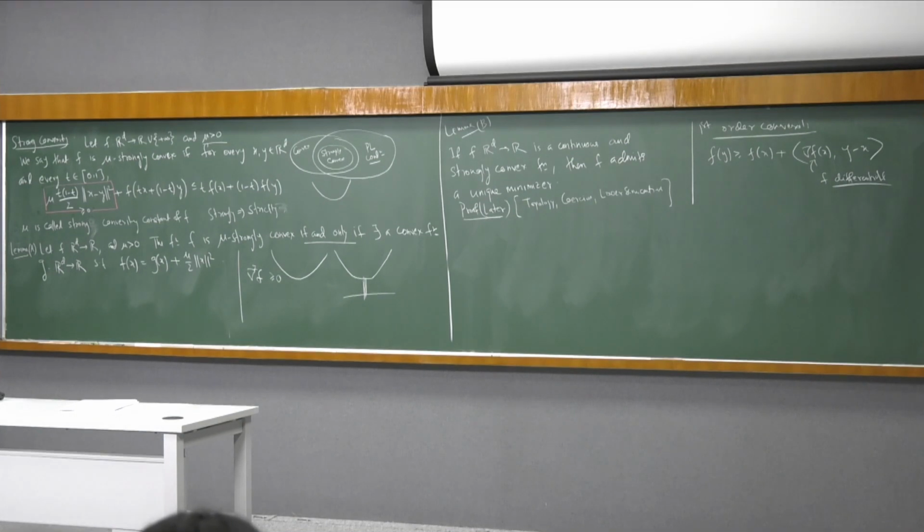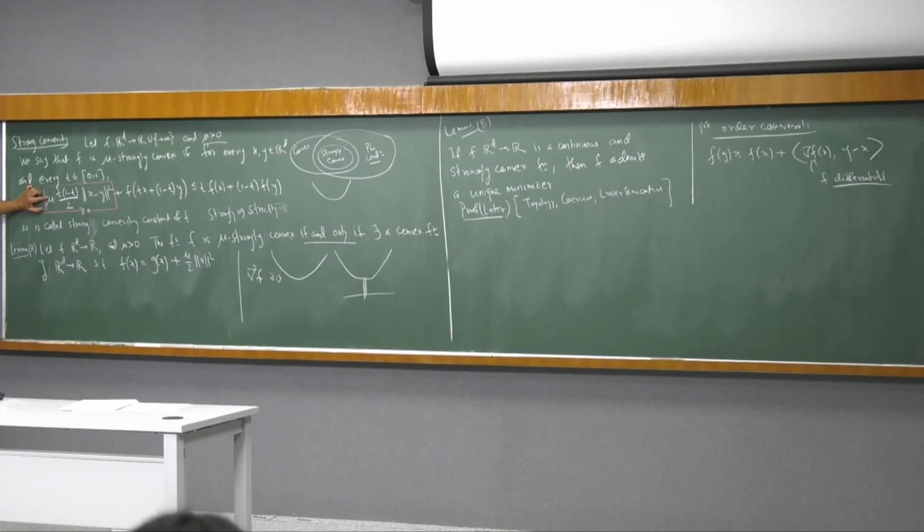Strictly, in the strict case, I just have this strict inequality, and if I can produce some mu again, in that case I believe I can, right? Because mu can be arbitrarily small.